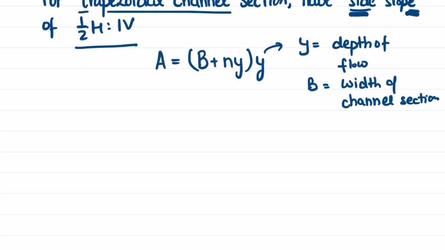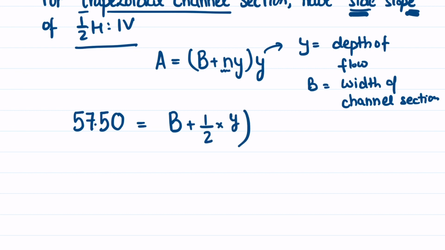So we'll simply put here 57.50 equals B plus n, the side slope value, that is half, into y, into y.